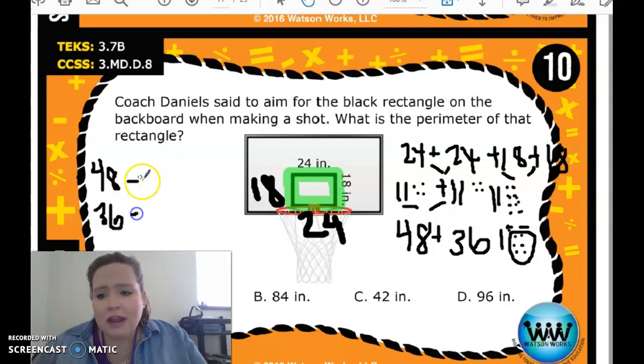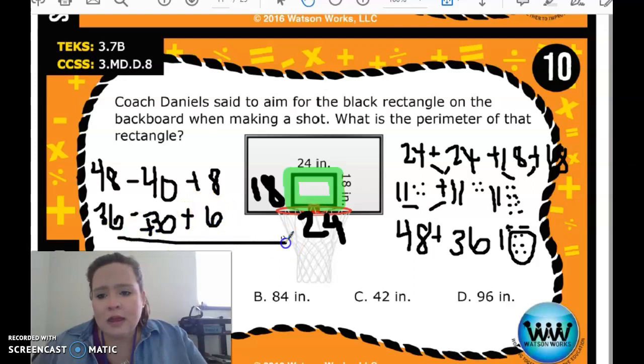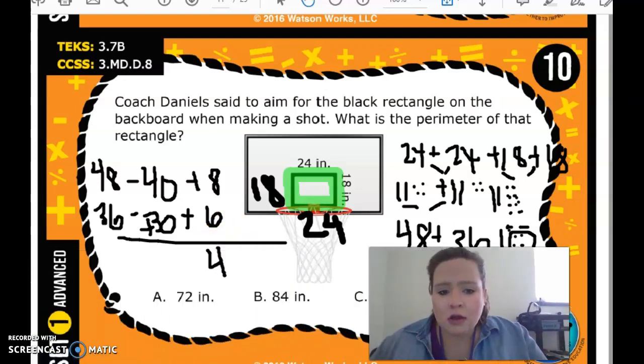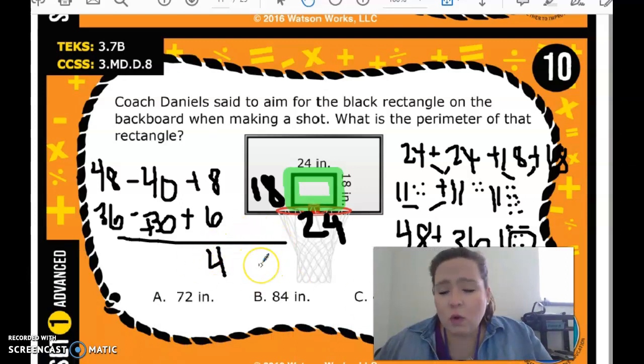I'm going to break these apart, which is 40 plus 8, 30 plus 6. Okay? 6 plus 8 is? Good, 14. What am I going to do with that, the 1 in my tens place? What am I going to do with that 10?